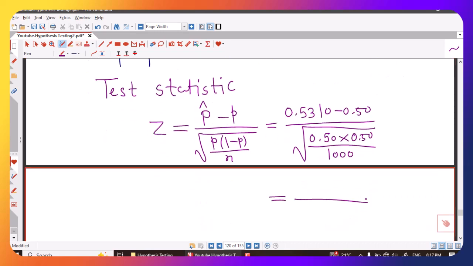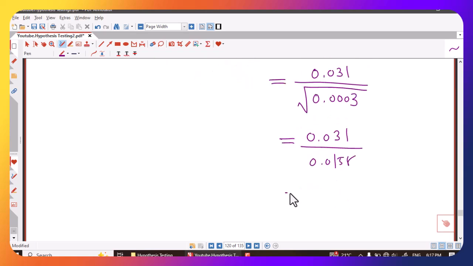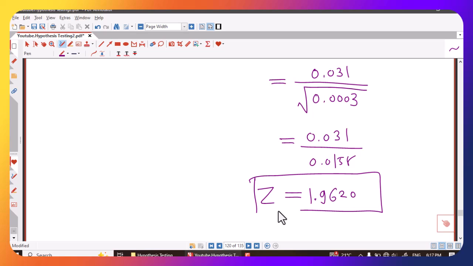Taking the difference of the two proportions gives 0.031, and the square root of all this multiplication and division turns out to be 0.0158, so 0.031 divided by 0.0158 turns out to be 1.9620. This is the value of the test statistic.